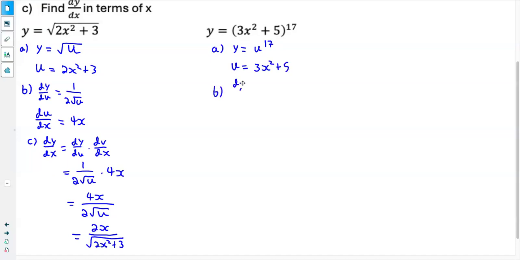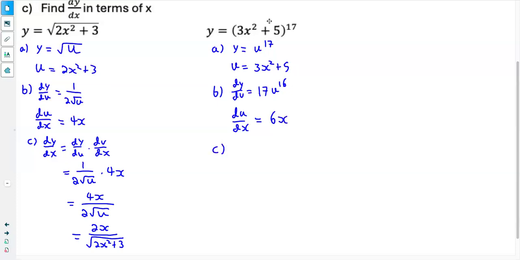Now dy over du is going to be the derivative of this, so that would be 17 u to the power of 16, while du over dx would be the derivative of this, so that would be 6x.